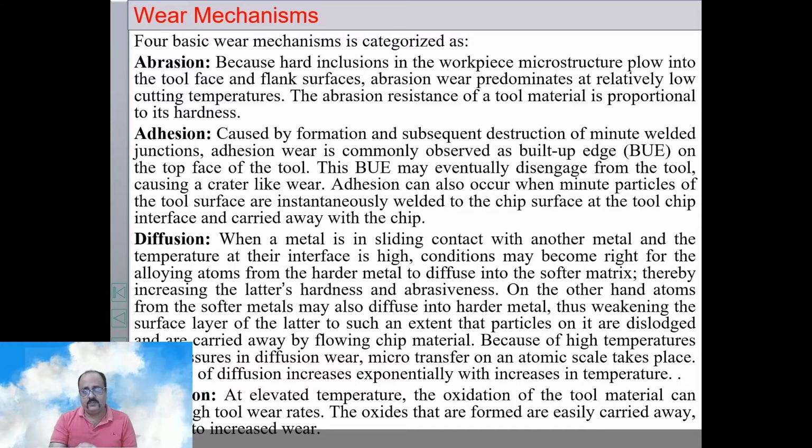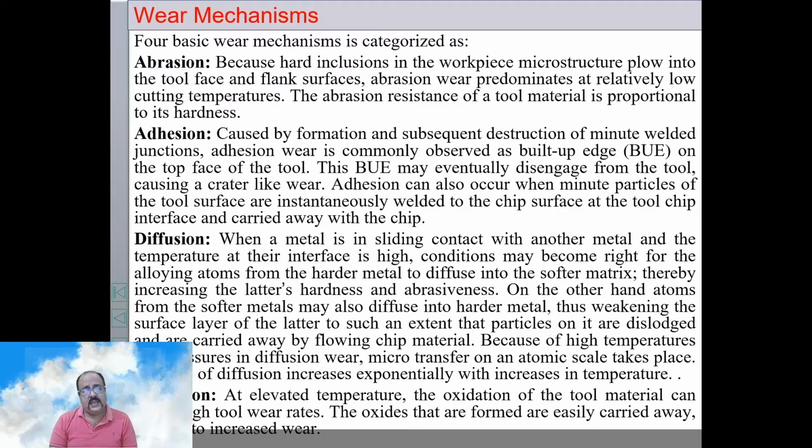So it's a two-way process. Similarly, atoms from the soft workpiece diffuse into the hard tool material, and vice versa, and the tool will ultimately wear. So this type of wear is called diffusion wear.